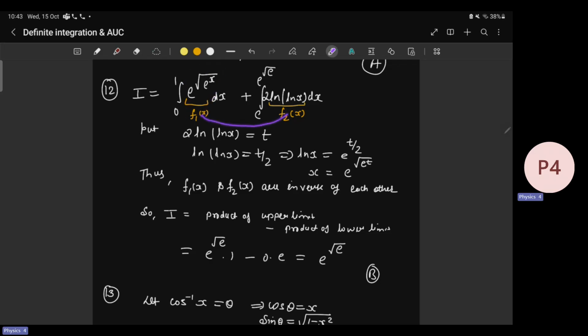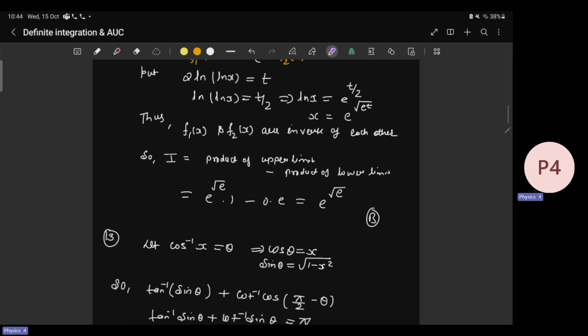So f1 and f2 are two functions which are inverse of each other. So in these kinds of questions, if f1 and f2 are inverse of each other, the integration is simply the product of upper limits minus the product of lower limits.